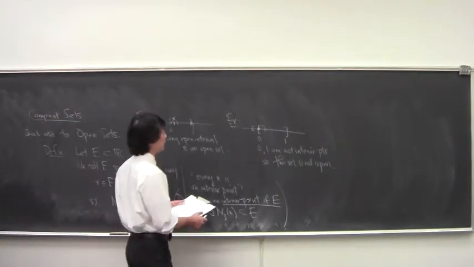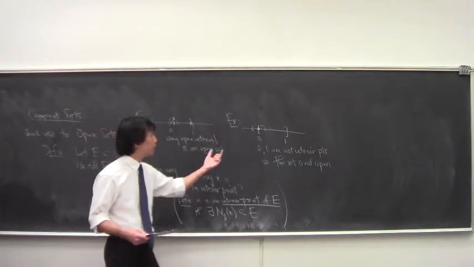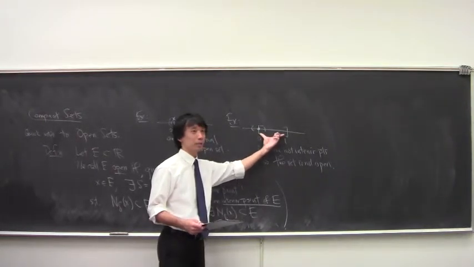No matter what neighborhood I take, I can't find any neighborhood of 0 that's contained entirely inside the closed set [0, 1].